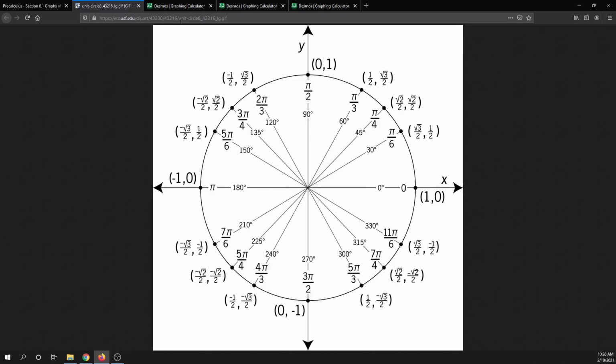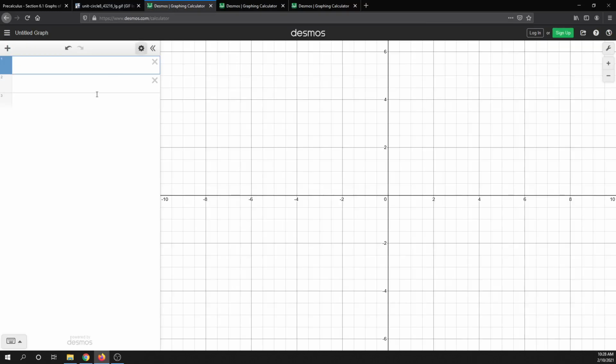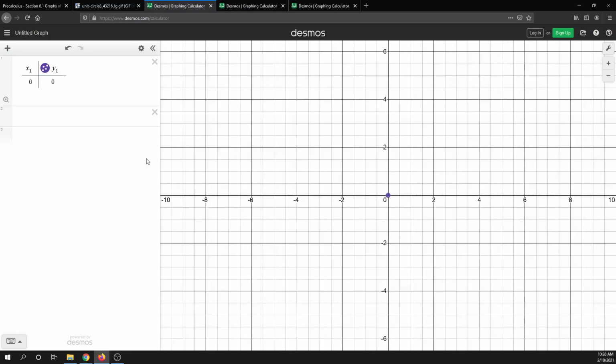All right, so let's take a look at that process. I'm just going to use Desmos to plot those points. On Desmos you would just use a little table right here and then start typing in the points. The first point was 0, 0, and you can see that that shows up right here at the origin.